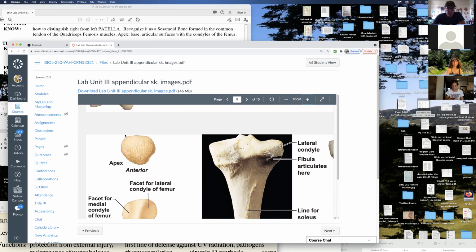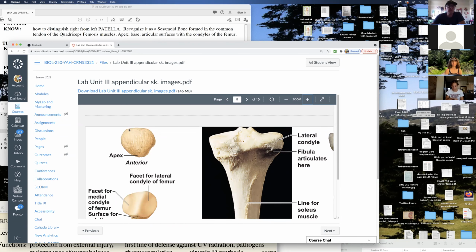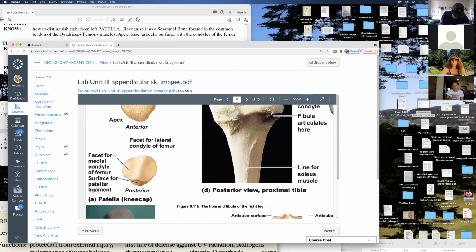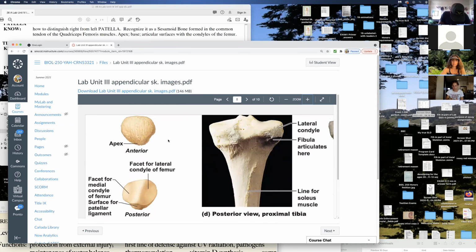And then the proximal end of it, where you have that straight border, this part is going to be referred as the base. Get to know that term, okay? When we get to the muscular system, you're going to be exposed to that term quite a bit. When a muscle is attached to something that is referred to as the base of a bone, talking about the proximal end of that bone. Okay, so keep that in mind.